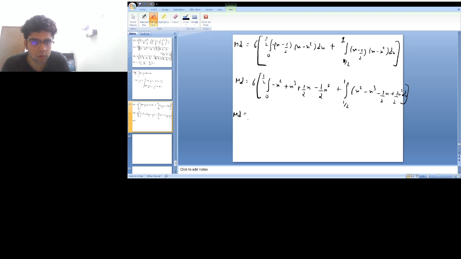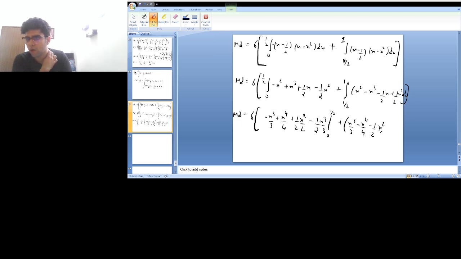So this gives me the mean deviation as minus x cube by 3 plus x to the power 4 by 4 plus half x square by 2 minus half x cube by 3, from 0 to half, and plus x cube by 3 minus x to the power 4 by 4 minus half x square by 2 plus half x cube by 3, from half to 1, another bracket here.